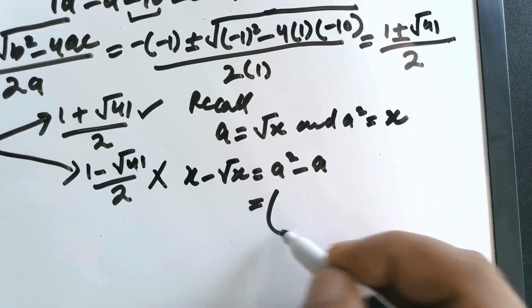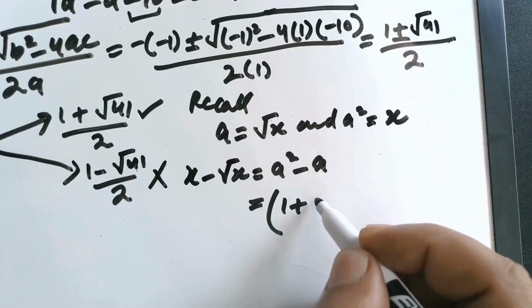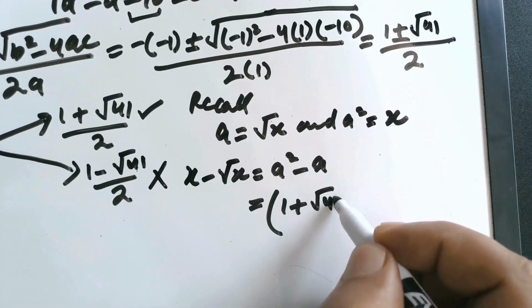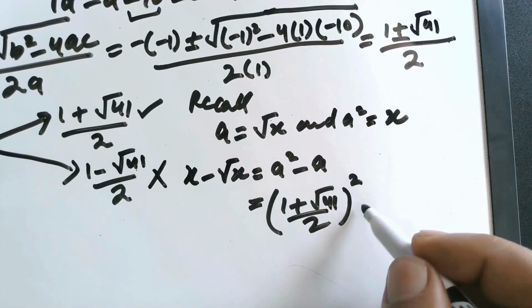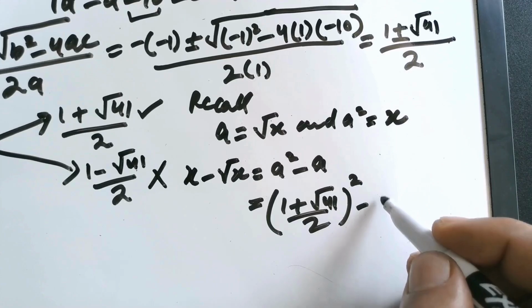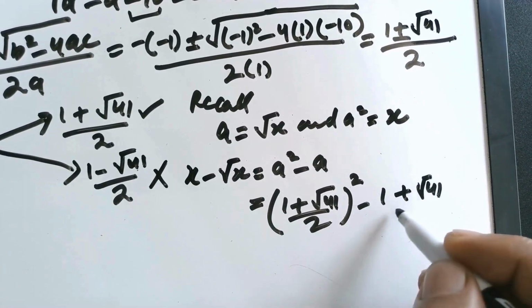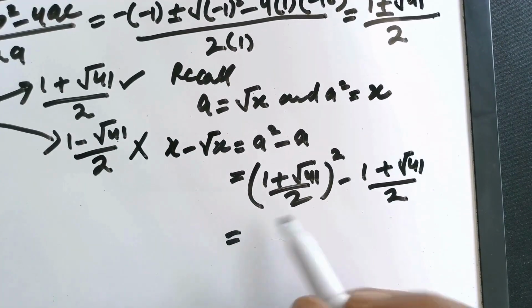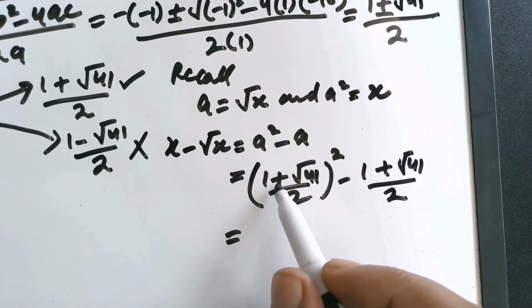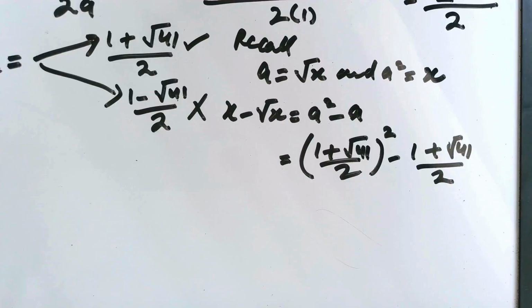So we can write this like this: 1 plus square root 41 squared, and now we use that a plus b square.